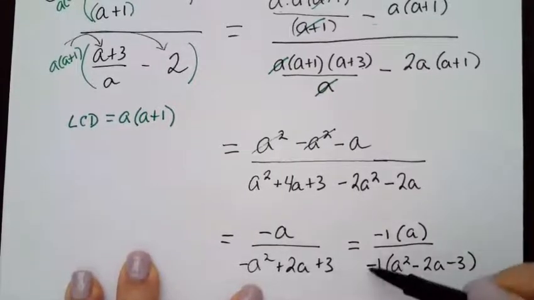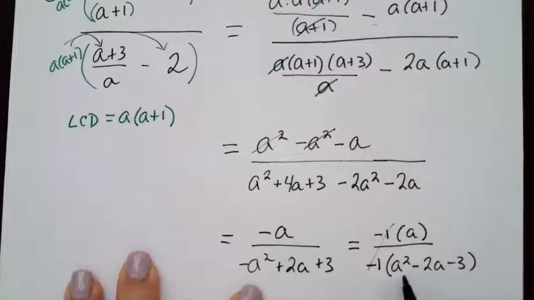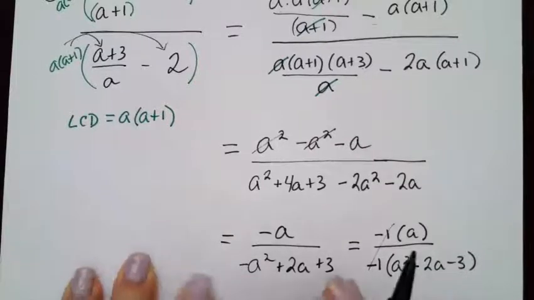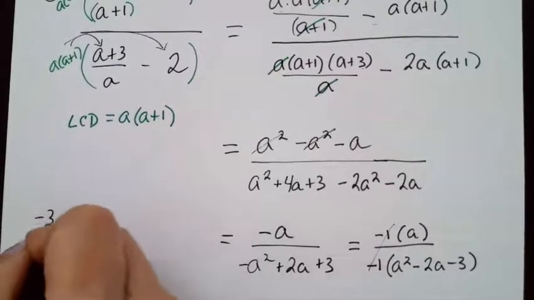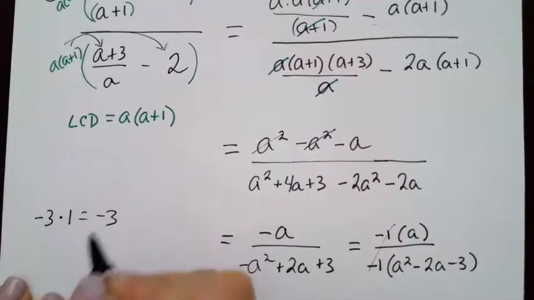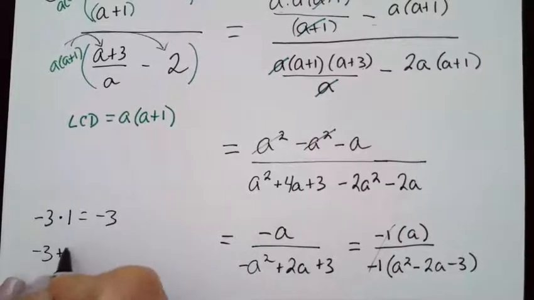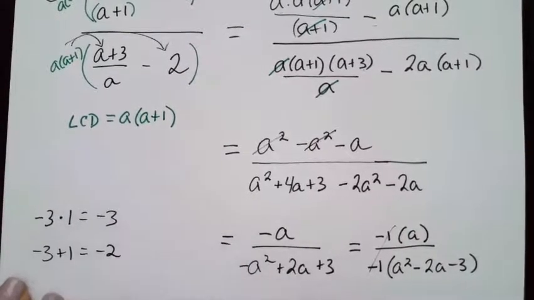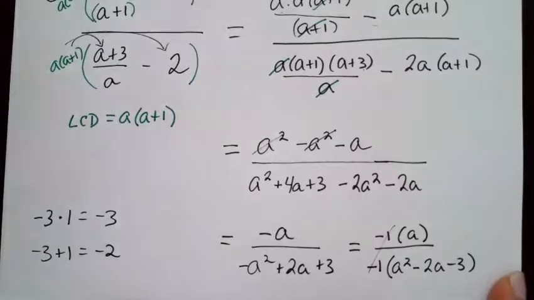So now the negative 1's cancel. And I would like to see if I can factor this trinomial. I'm looking for two numbers that multiply to negative 3 and add to negative 2. Right, so negative 3 times positive 1 gives me a product of negative 3, and negative 3 plus 1 is negative 2. So I can factor that.